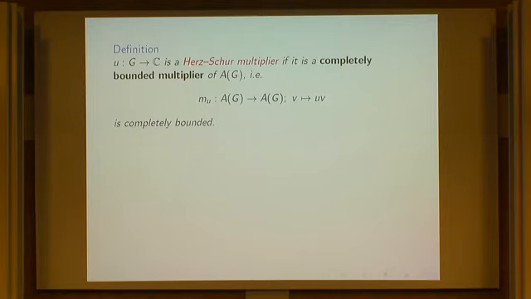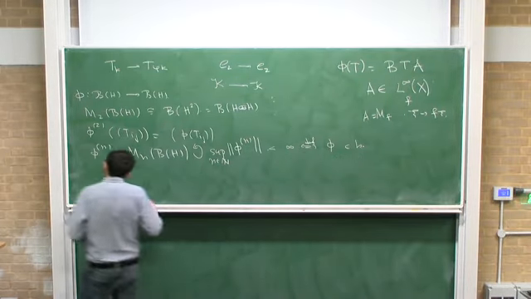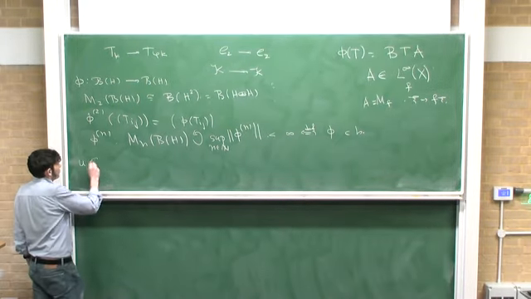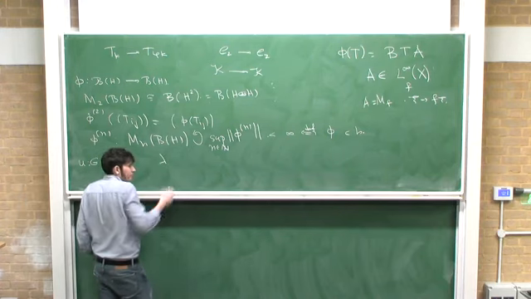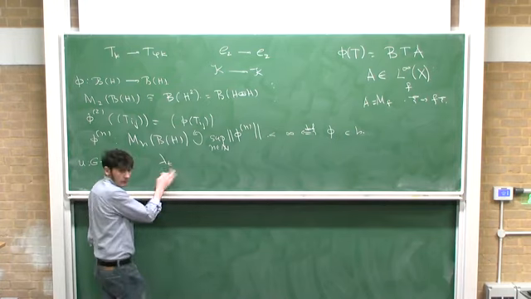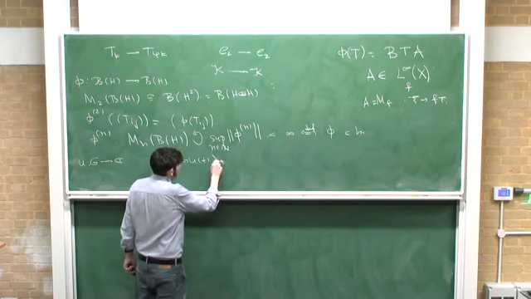What does it mean that this map is completely bounded? There is perhaps an easier way to talk about it, which is the following. Both ways are fruitful in some way or another, but if you have this function on G, then you can consider the map on generators of the von Neumann algebra of G, sending lambda t, remember this is the left regular unitary, to just a multiple of lambda t.